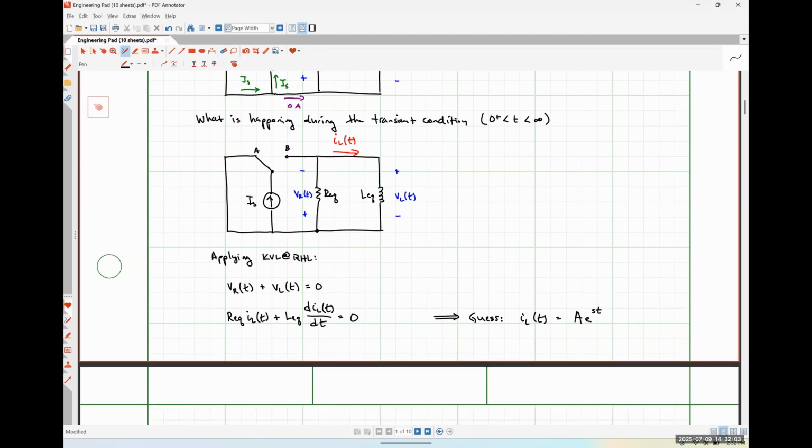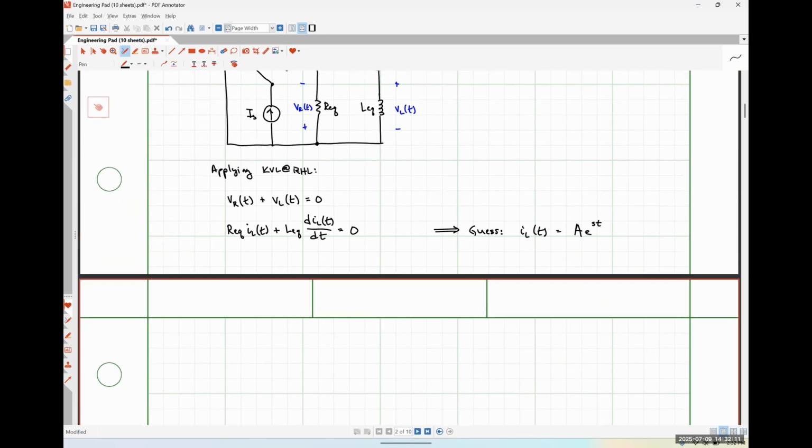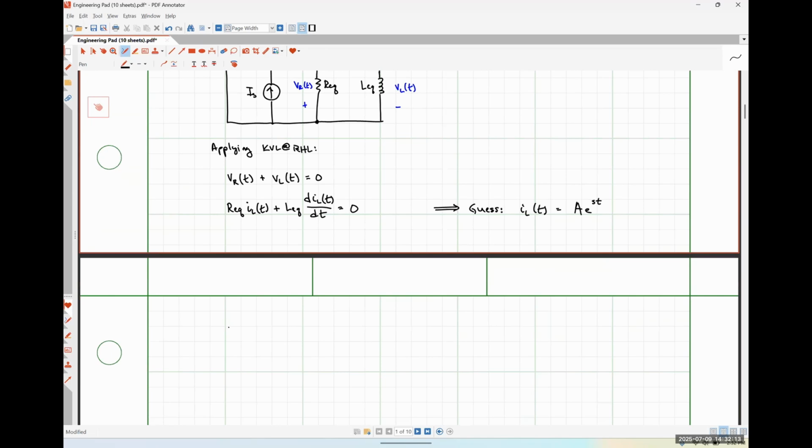Okay. So if we substitute in IL is of the form A times e to the st, what we're going to wind up getting is REQ times A e to the st plus LEQ times the derivative with respect to time of A e to the st as well.